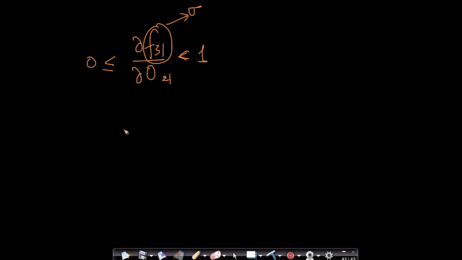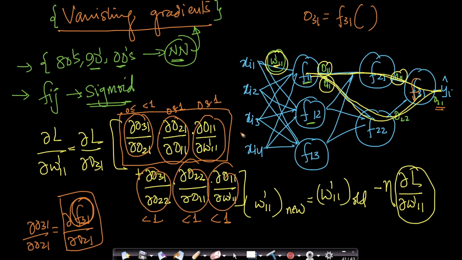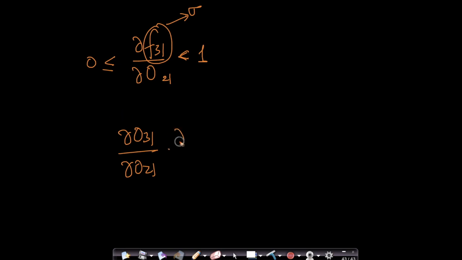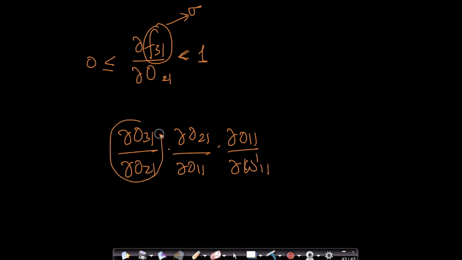Let's just focus on this first part, because it's a multiplication, which is the most important thing for us. That part is the derivative of O31 with respect to O21, derivative of O21 with respect to O11, derivative of O11 with respect to W11. Now this value is less than 1. In the case of sigmoid, it's less than 0.3 actually.